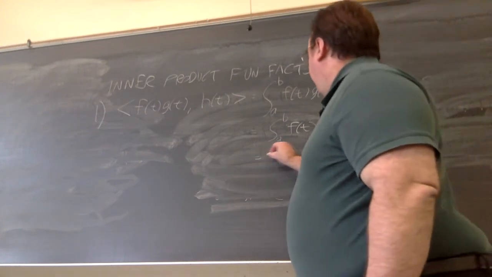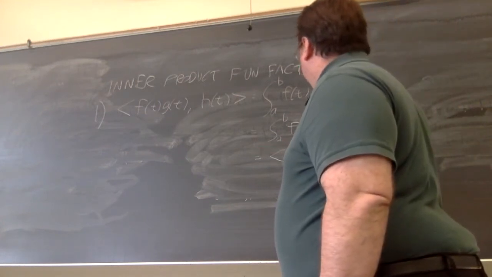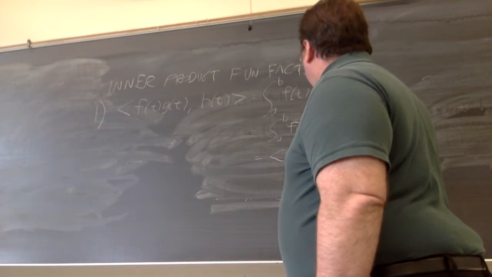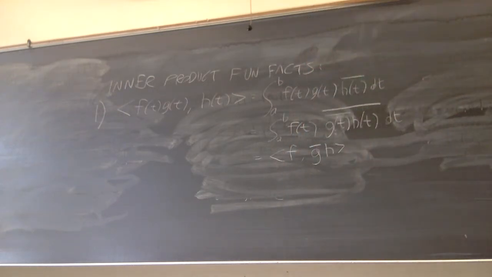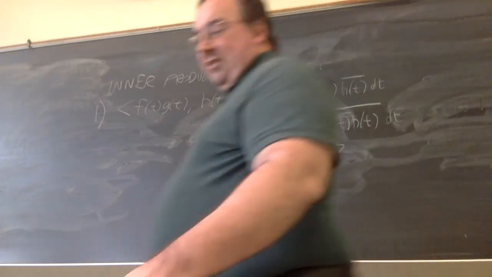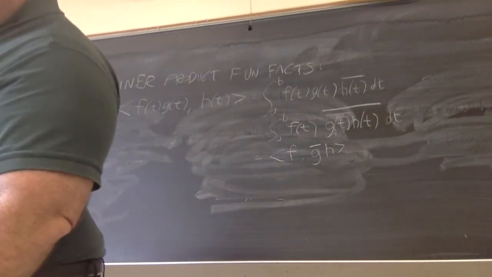So the result would be the inner product of f with g conjugate h. And of course, if g is real, then you can shift things from one argument to the other. So there's at least one place in this problem where you need to do that. So you can take advantage of the niceness of multiplication.